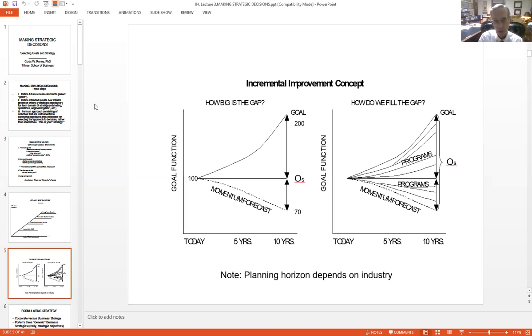And the way we get those new things is by conducting projects and programs. And you can see that they're characterized on the right side of this diagram. So in this particular case, we probably would have found the most success-prone project or program that we could and laid its benefit on top of the momentum forecast.